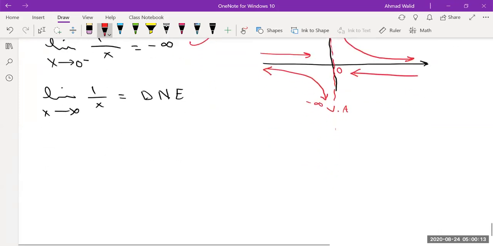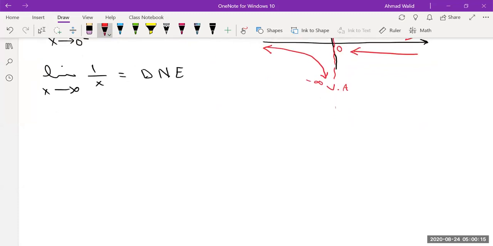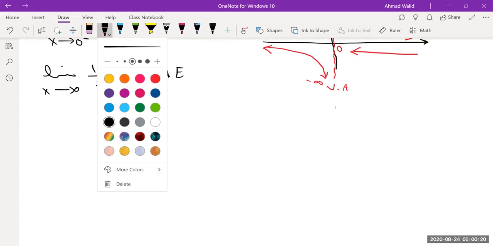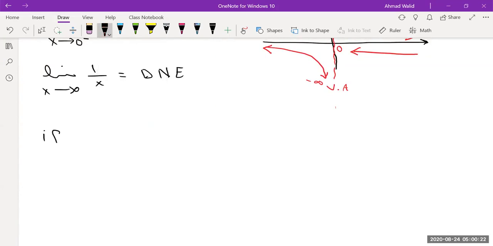Now, some general notes. The limit of f of x as x approaching a number from left or right, I'll put both of them here, plus minus, because I'll give you a general form. If it gives you plus or minus infinity, correct?